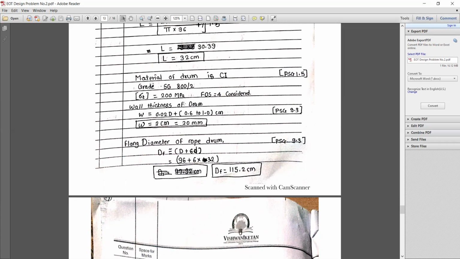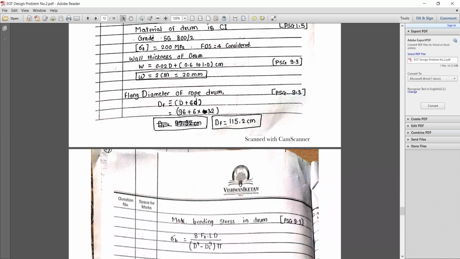Referring page number 9.3, the wall thickness of drum W is equal to 0.02 D plus 0.6 to 1.0 centimeter. So here we are considering directly the mid value, or you can directly go with 1.0 centimeter, so the calculation part could be very easy. Putting all the values, W is equal to 2 centimeter, that is 20 mm, the thickness of the drum, so it can withstand the load.